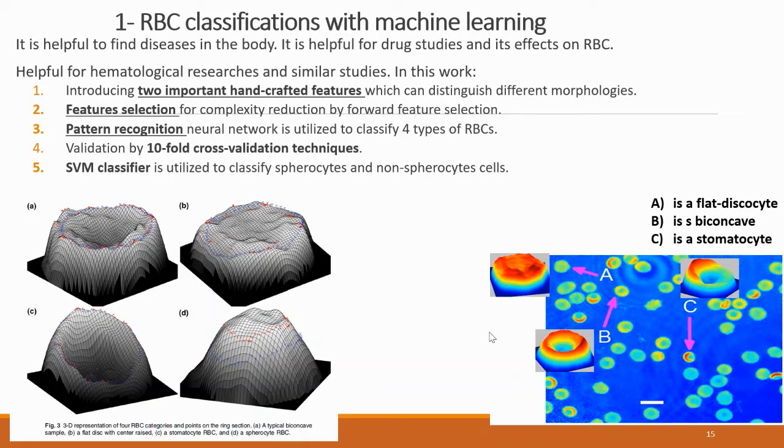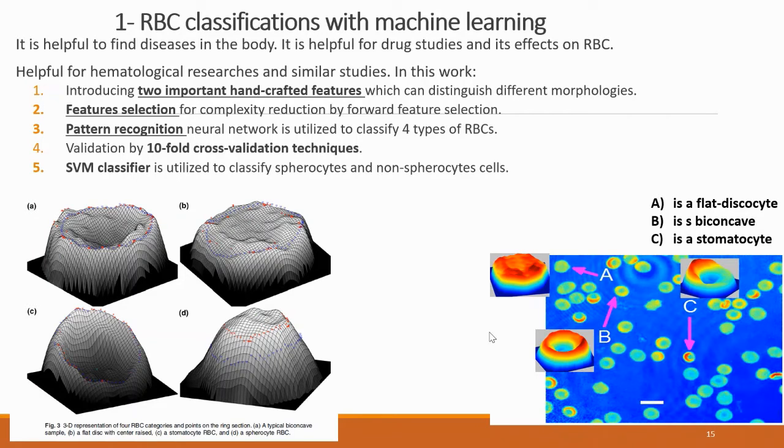So let me explain what classes we have. We have a stomatocyte, we have a biconcave, we have a flat disc, and we have spheroechinocyte. Spherocyte and echinocyte are types of red blood cell.